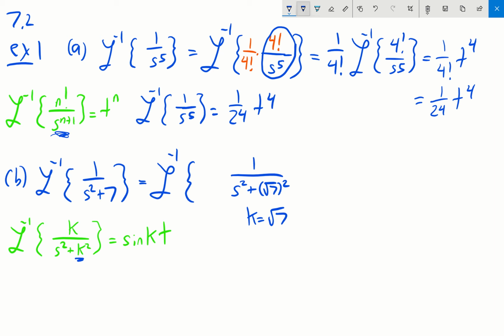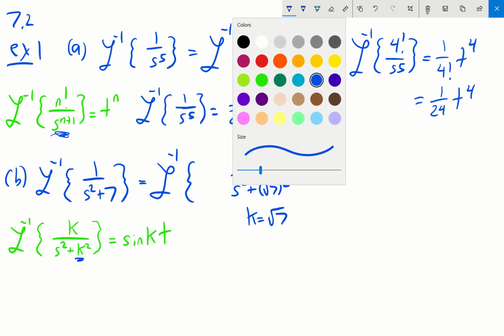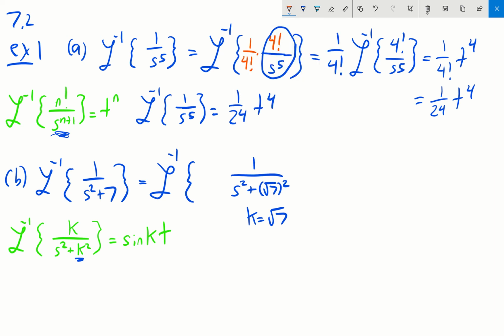But we also need a k in the numerator to get this to work. So we're going to do the same trick. Let's multiply the numerator by the square root of 7 by also multiplying by a 1 over the square root of 7. If we do that, then we can pull this one to the outside.